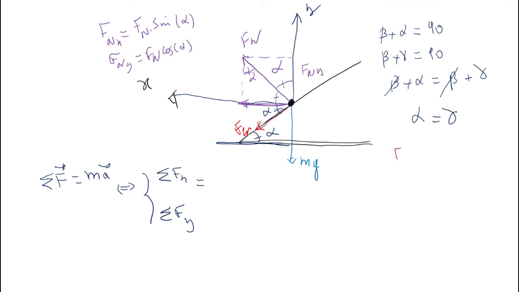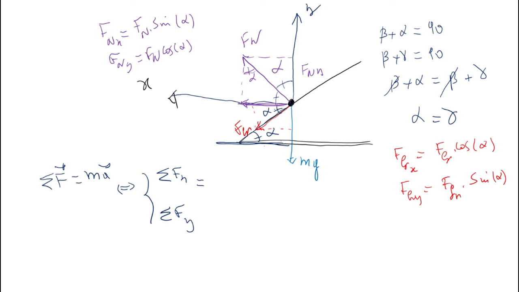The friction force on x will be friction force cosine of alpha, and the friction force on y in magnitude will be friction force sine of alpha. And mg we have just on the y-axis.